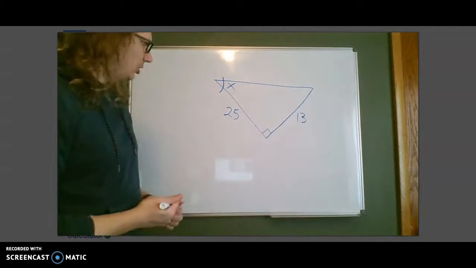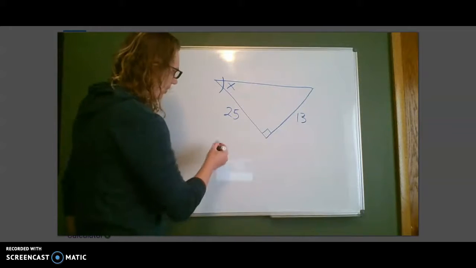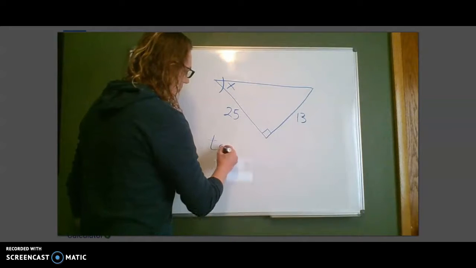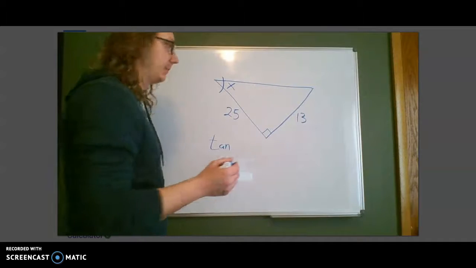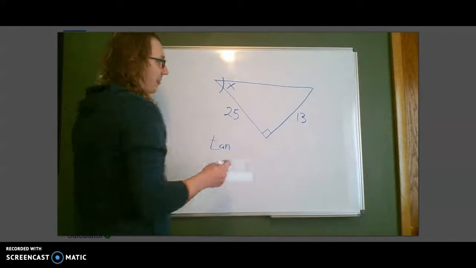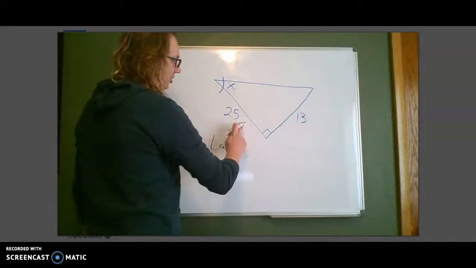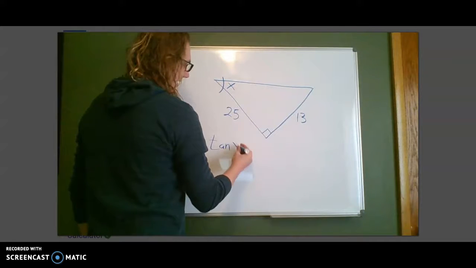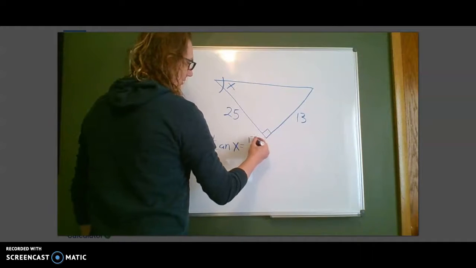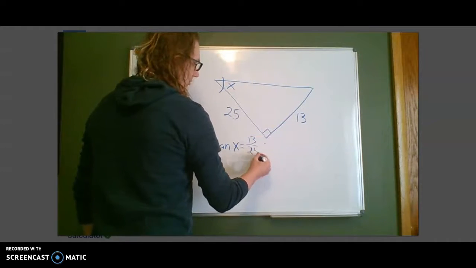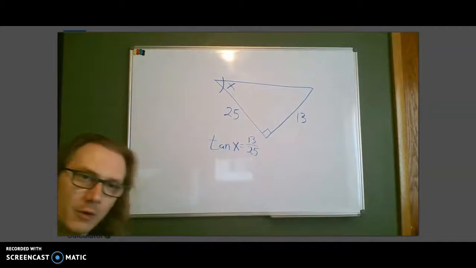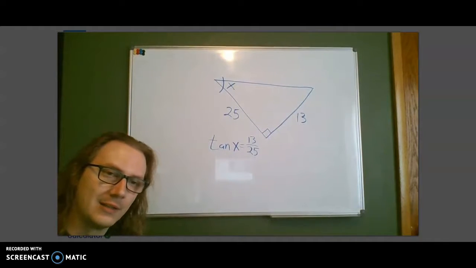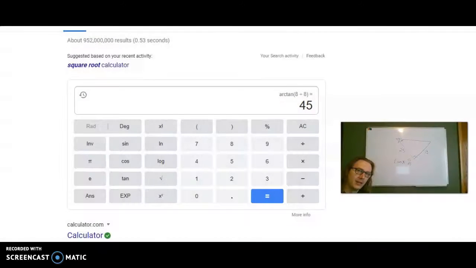Okay, looking at these, our equation is going to be tangent, because that's all we're using today. Tomorrow, you're going to need to start being able to distinguish between them. But today, we're just using tangent of my opposite over my adjacent. My angle is X. Opposite is 13 over 25 to the arctan. I feel heroic when I say that, and I recognize that it probably is not nearly as exciting as all of you think that it is.